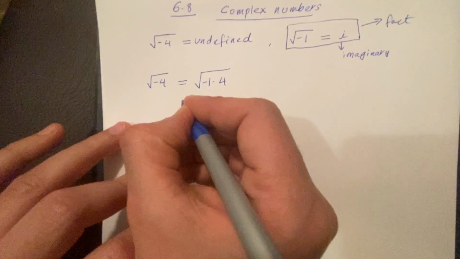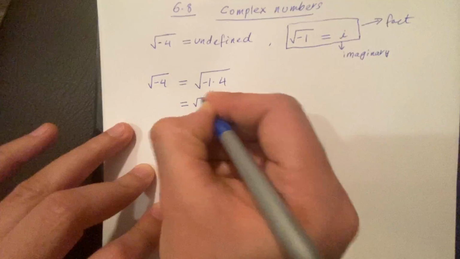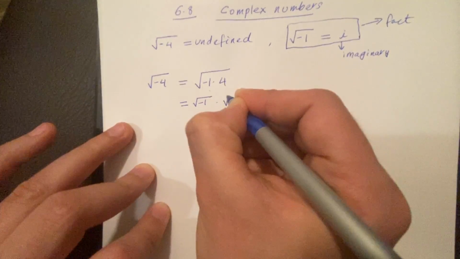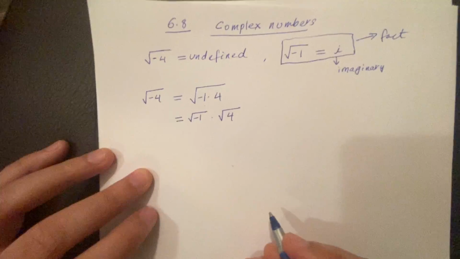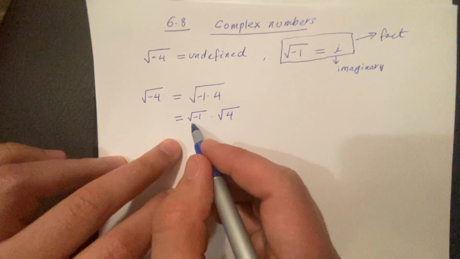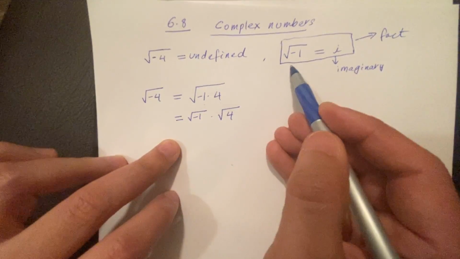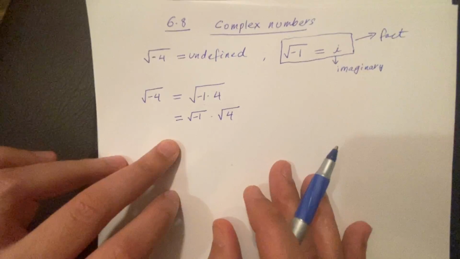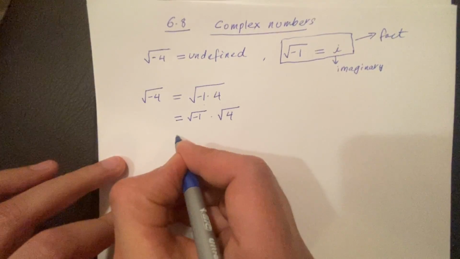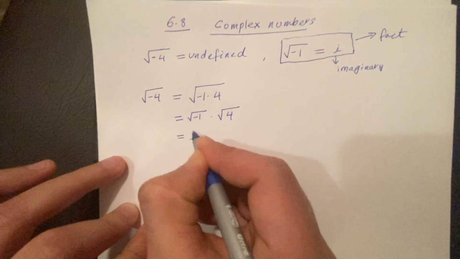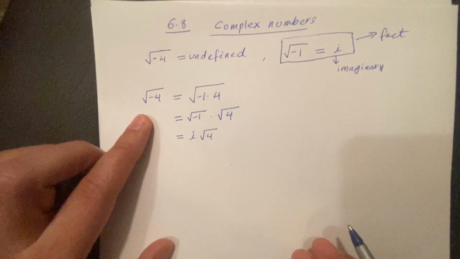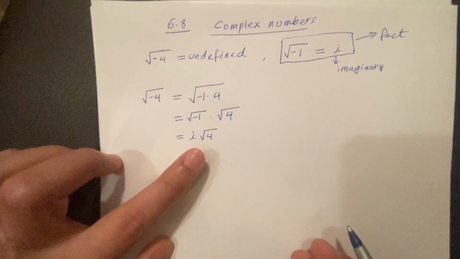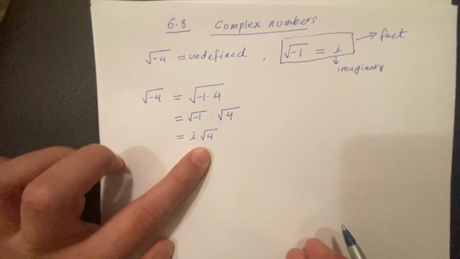Now we can split this into two terms like this, and now we have the square root of negative 1. The square root of negative 1 is i, so i times the square root of 4. All right, so the square root of negative 4 is i times the square root of positive 4.